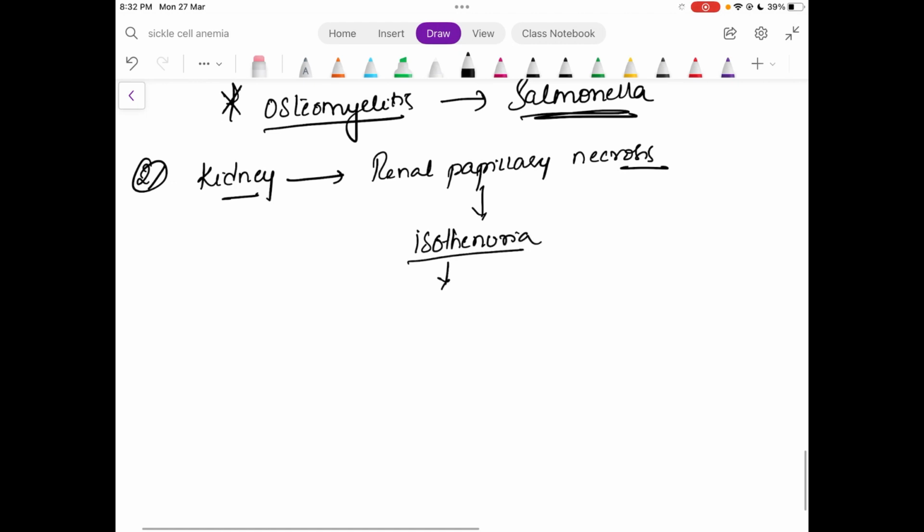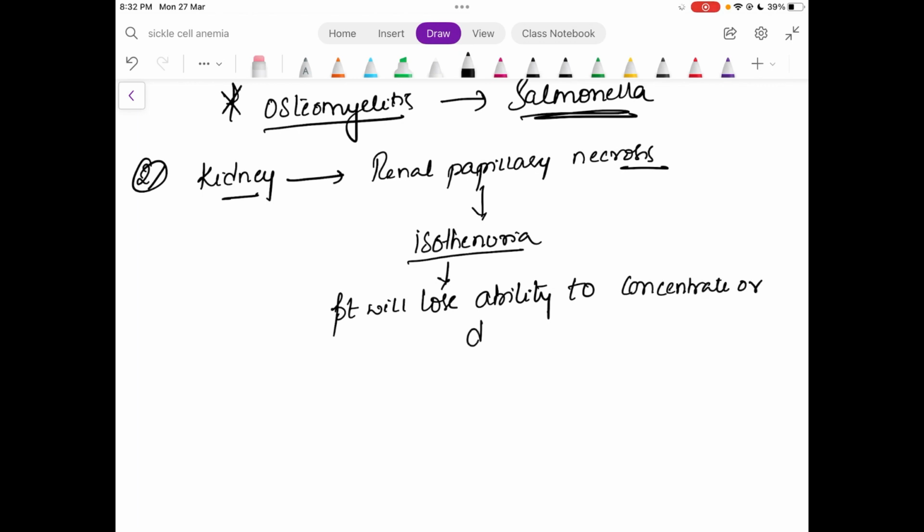That means the patient will lose the ability to concentrate or dilute urine. So they can't concentrate and can't dilute the urine. So they will have a fixed specific gravity of urine.